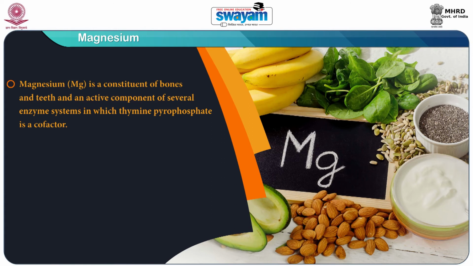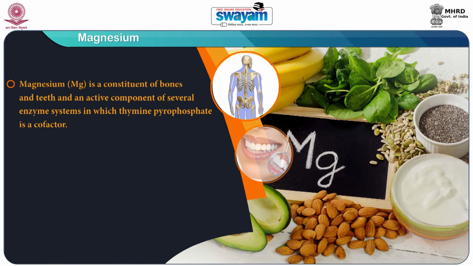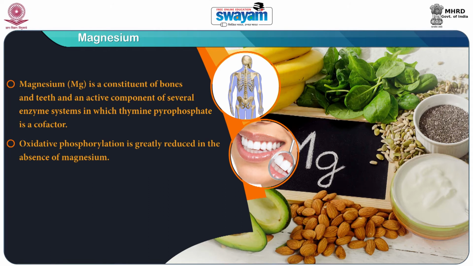Magnesium is a constituent of both bones and teeth, as well as an active component of several enzyme systems in which thiamine pyrophosphate is a cofactor. Oxidative phosphorylation is greatly reduced in the absence of magnesium.